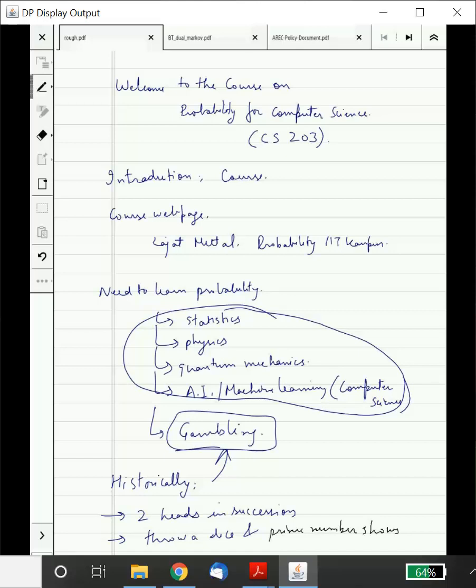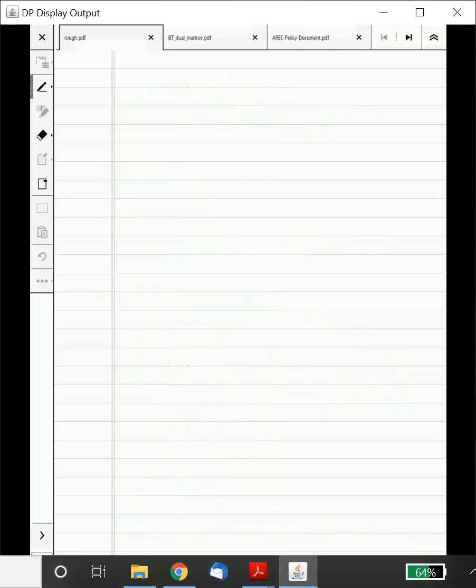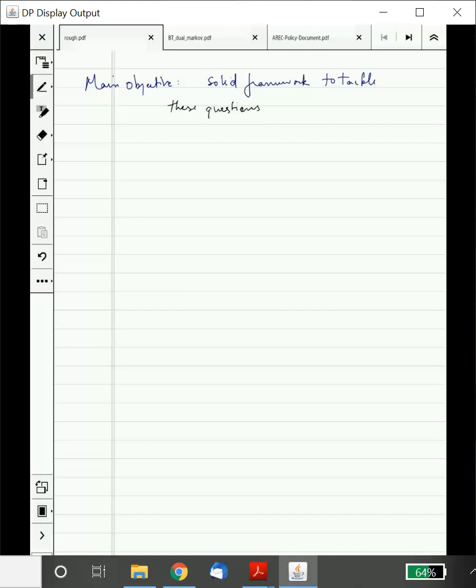So your question might be, oh, I already know the probability. Why do I need to learn more? The main objective of this course is to develop a solid framework to tackle all these questions. And not just these questions, but talk about many more advanced questions.